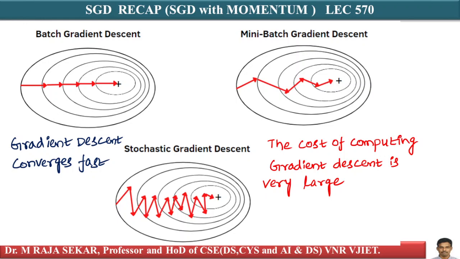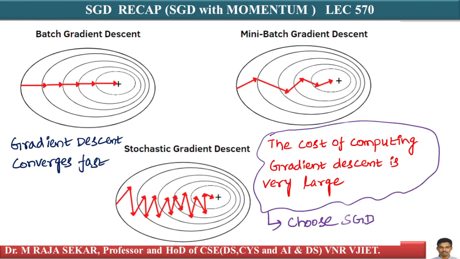That's why we are choosing stochastic gradient descent. The mathematical proof, which is non-trivial, shows that if you take lots of iterations, probably 5 iterations using GD converge to the minima, while with SGD you may require like 20 or 30 iterations, but eventually you will reach the same place.